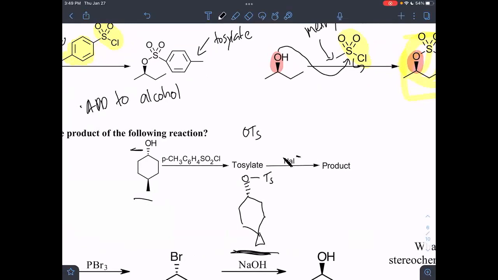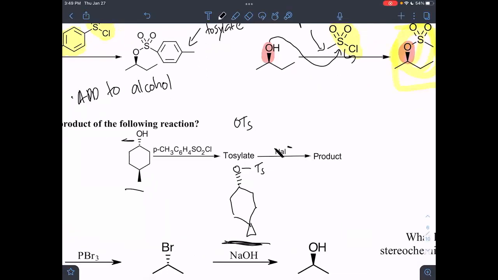Exactly. So the whole point of adding the TS was to make it a good leaving group. Now it's a good leaving group, so the iodine can come in and attack here, and what's the product going to look like? What happens to the stereochemistry at that carbon? It inverts because it's an SN2 reaction. So we get this as our final product.